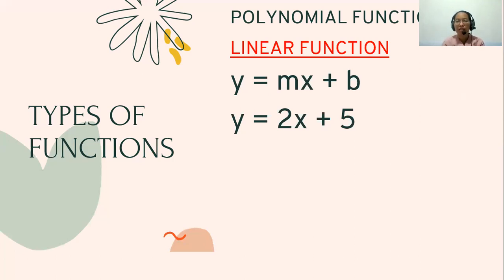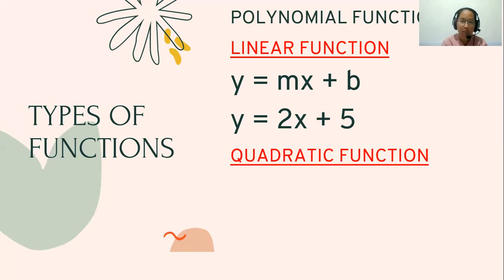To simplify that linear equation, we simply use y equals mx plus b for our linear function. For the given example, we may have y equals 2x plus 5. Again, a linear function is a type of polynomial function.